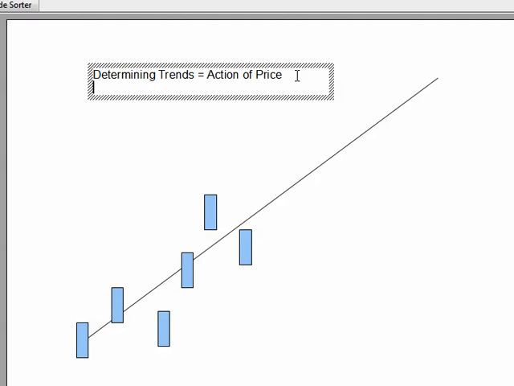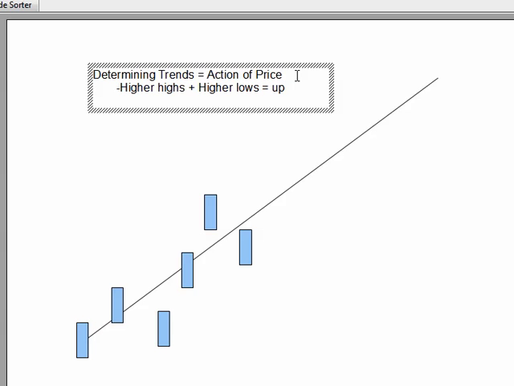The things that we look for are higher highs plus higher lows for an uptrend, lower highs plus lower lows for a downtrend. That is probably the most important thing, to be able to identify what is happening with the trend.